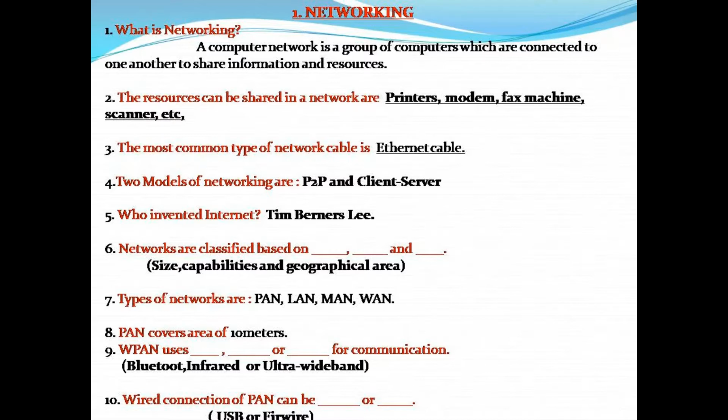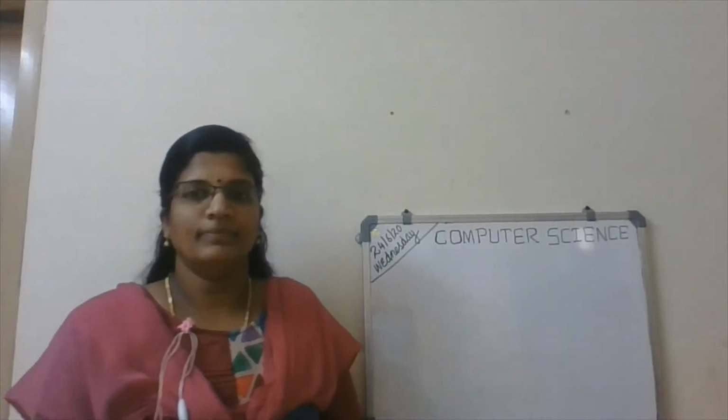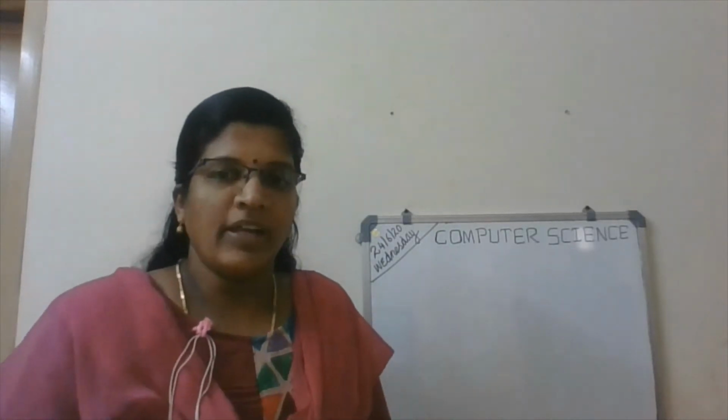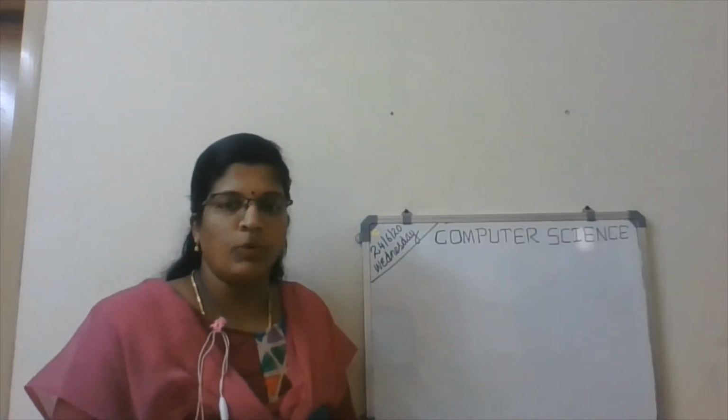WPAN, that means wireless PAN, uses Bluetooth or infrared or ultra wideband connection for communication. Then question number 10, what can the wired connection of PAN be? If it's wired, it can be a USB cable or FireWire. Clear, students? So let's move on to today's portion.